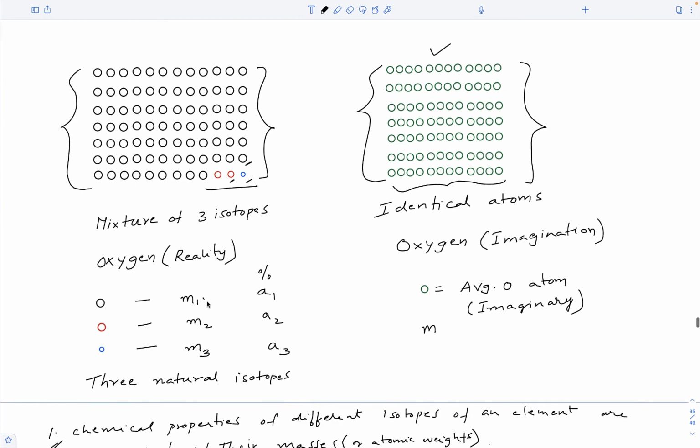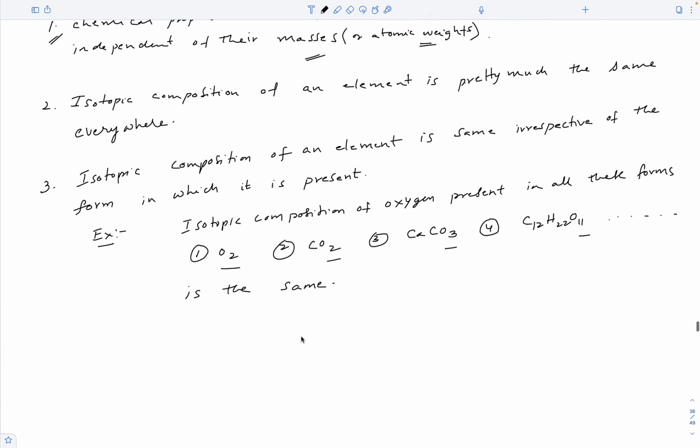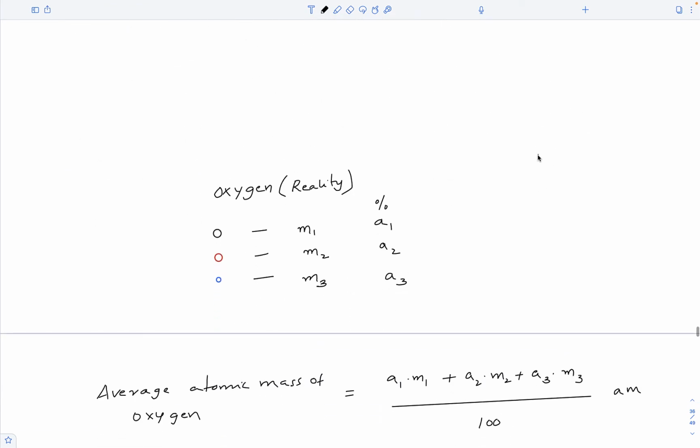Let us say M1, M2, M3 are the atomic masses of different naturally occurring isotopes of an element, and A1, A2, A3 are their respective percentage abundances. That means in any natural sample of that element, per 100 atoms, there are A1 atoms with mass M1, A2 with mass M2, A3 with mass M3, say in AMU.